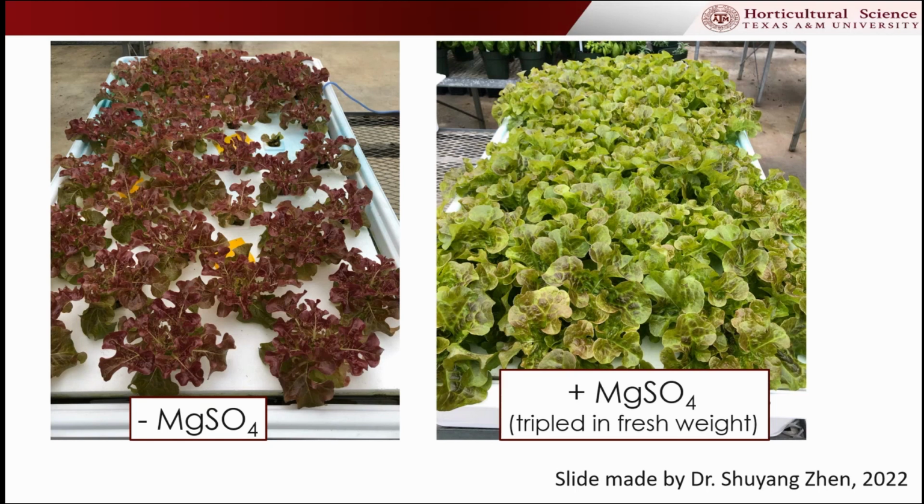However, if you supplement with sulfur, the lettuce grows much faster, and the red color is not as significant as under sulfur deficiency. So for this lettuce cultivar, the fresh weight, or the yield, tripled after you supplement the sulfate.